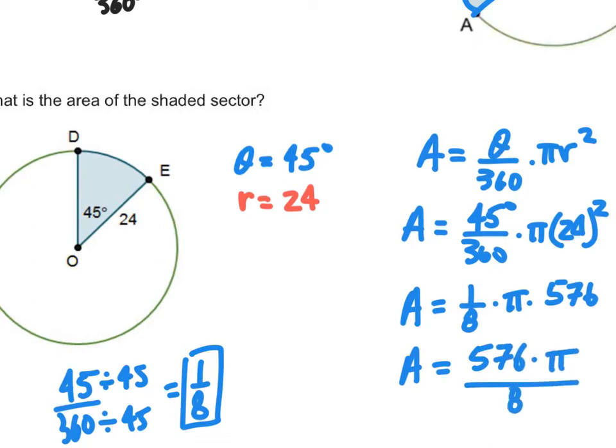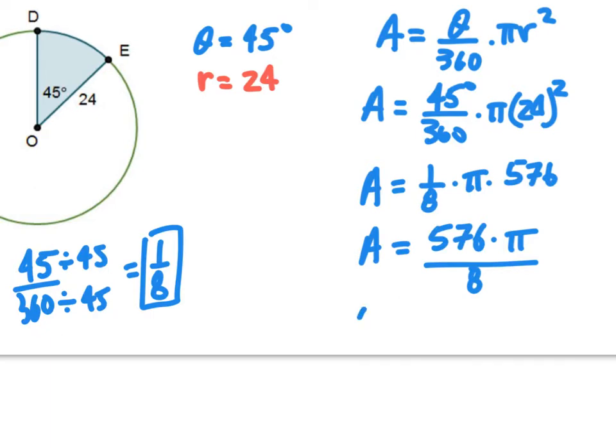Now let's see if 576 and 8 divide out. Look at that, we're going to get 72. So area is equal to 72 times pi, and I got 72 by taking 576 divided by 8. Now if I multiply this by pi, I'm going to get 226.